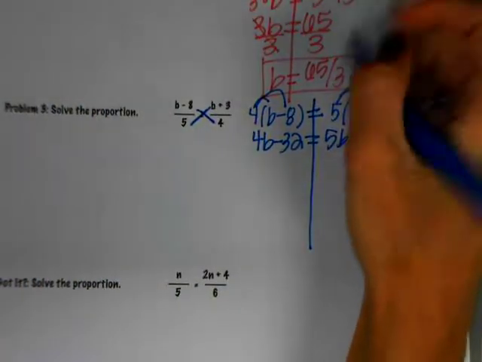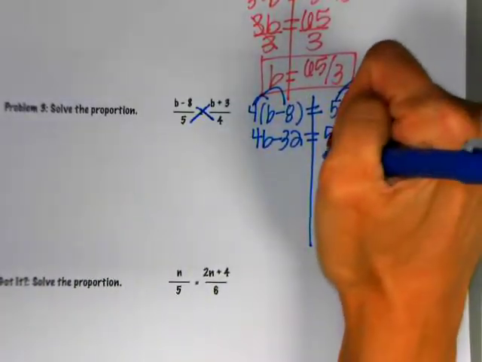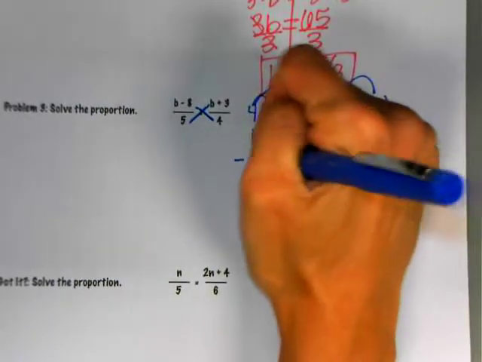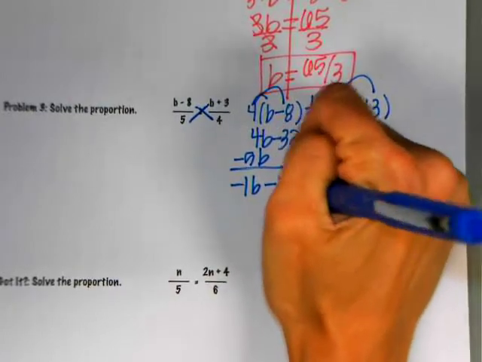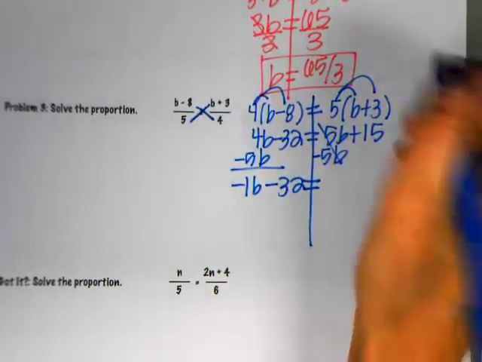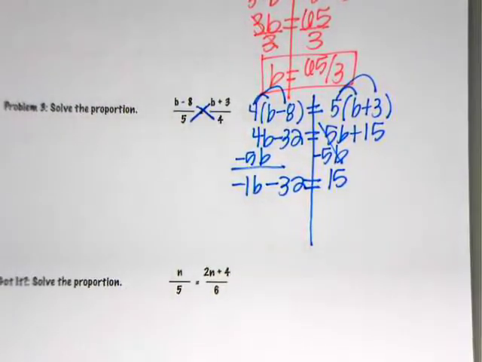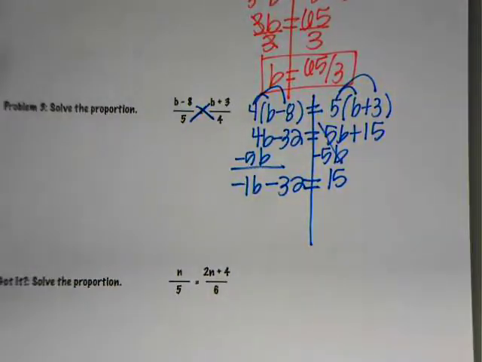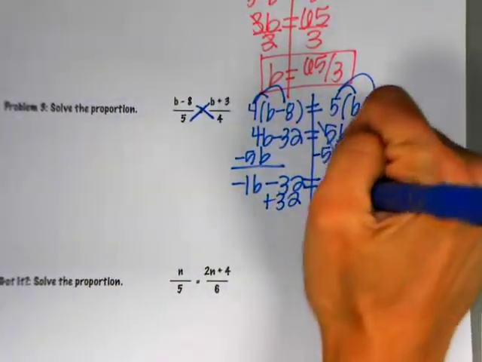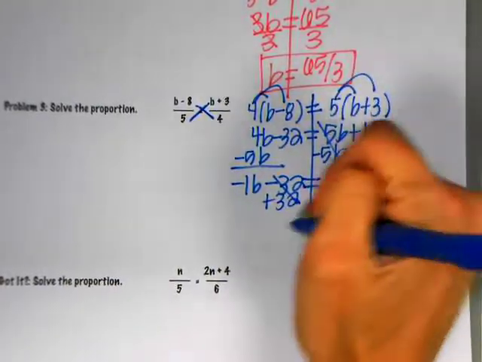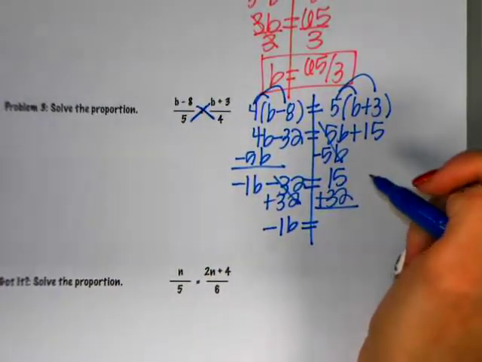So I'm going to move this b over. How do I move the b? Minus 5b. This will be negative 1b. Okay, and then what? Add 32. Negative 1b equals 47.